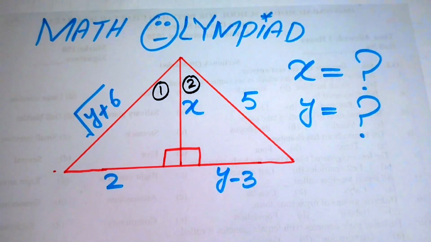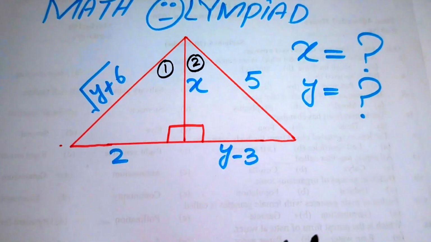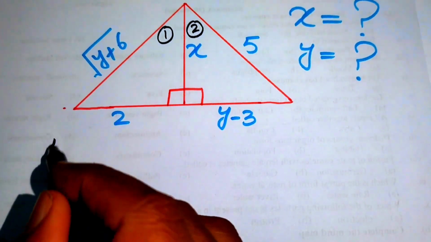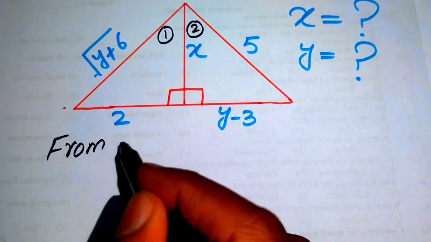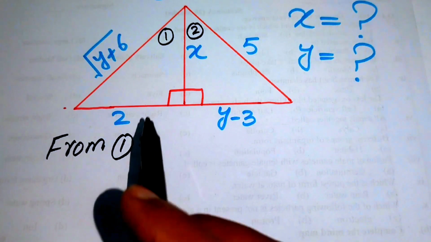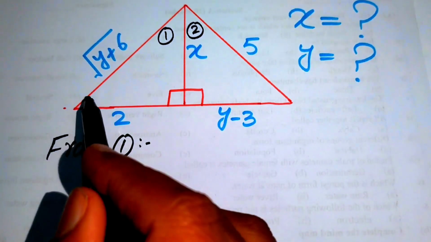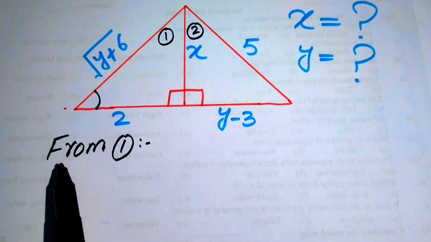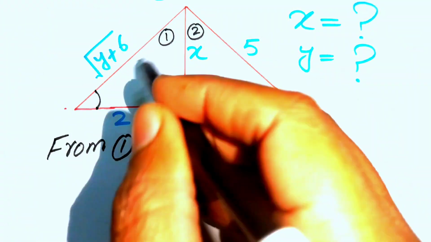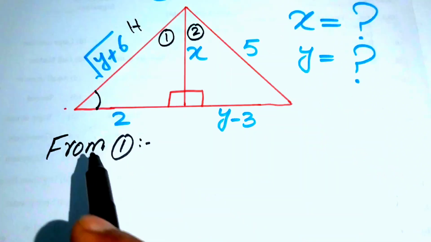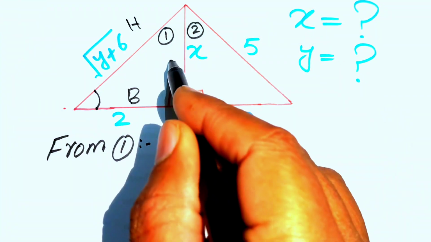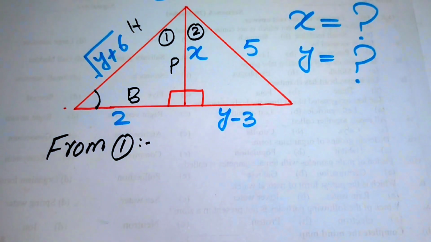So the very first thing we are going to do is focus on triangle 1. From right triangle 1 we know that it is a right triangle, and the side opposite to the right angle is known as the hypotenuse, the side joining the other two angles is known as its base, and the third side is called the perpendicular.